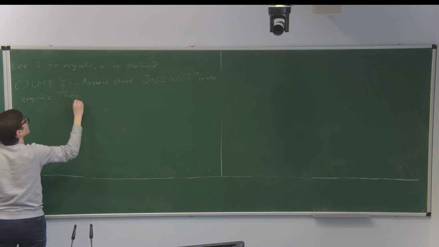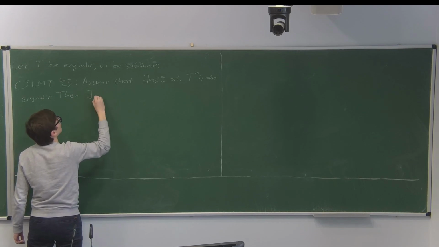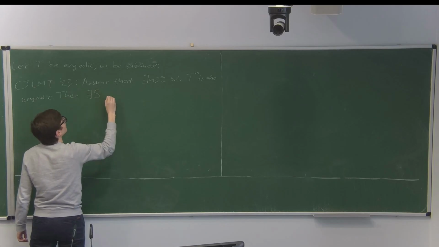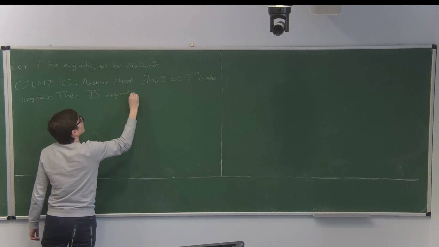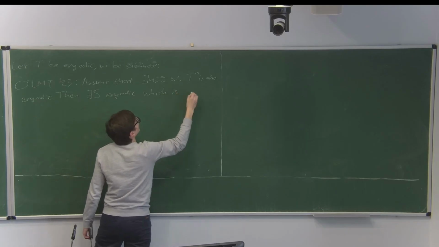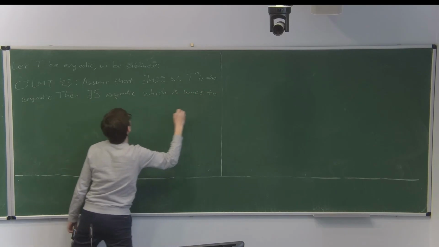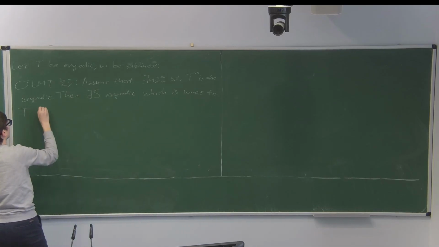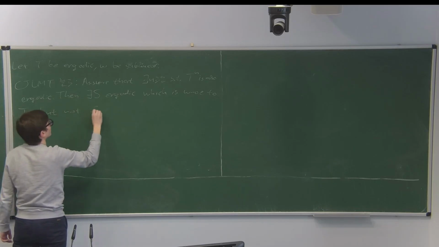Then there exists some transformation S, ergodic, which is omega orbit equivalent to T, but not flip conjugate to it.